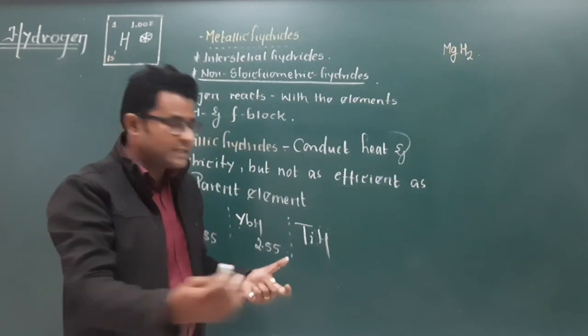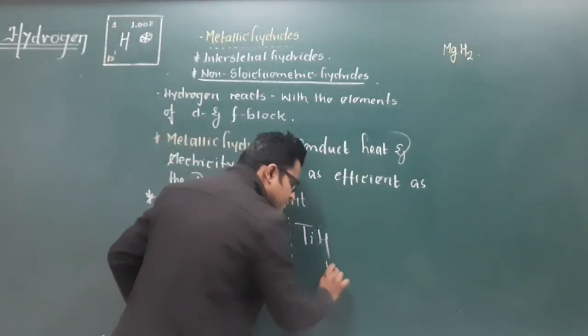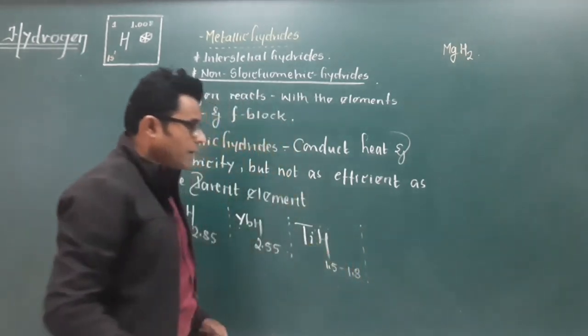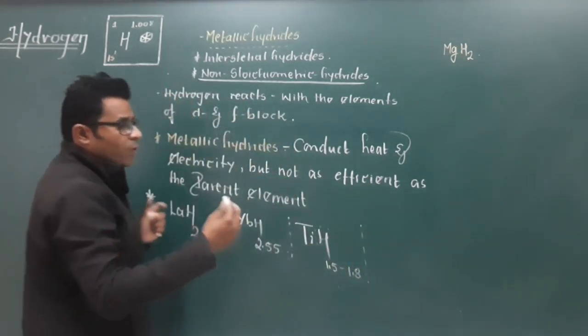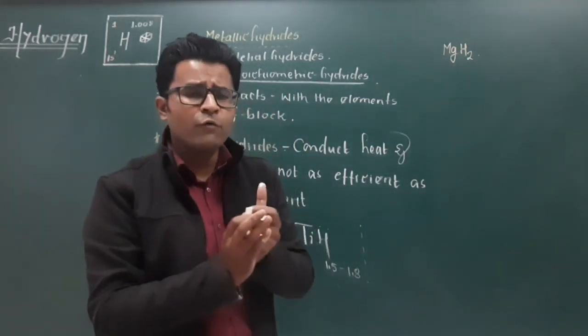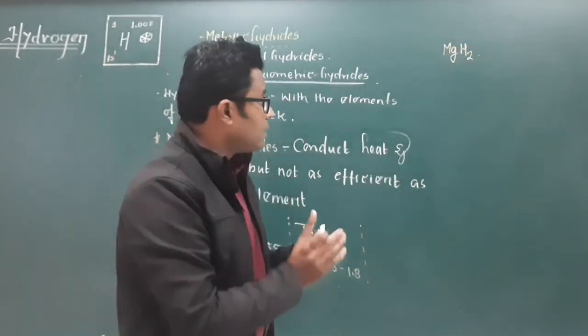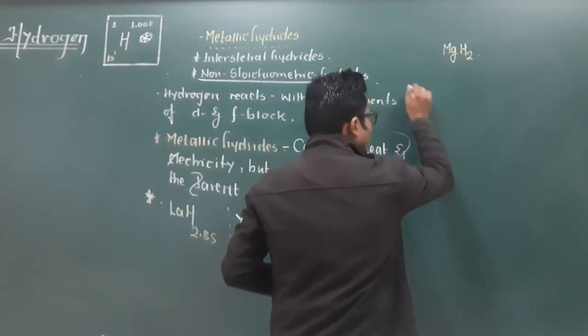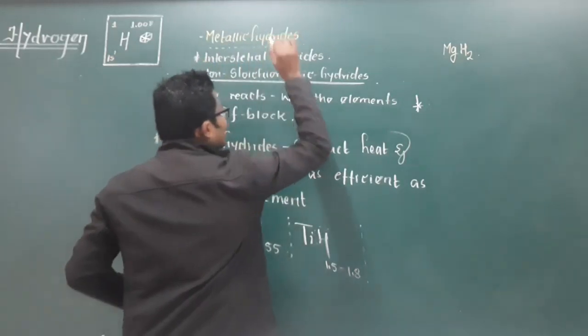It varies, in this case from 1.5 to 1.8. So in this entire case, we cannot use the law of constant proportions. Okay, now coming to the next point, the applications of the metallic hydrides.